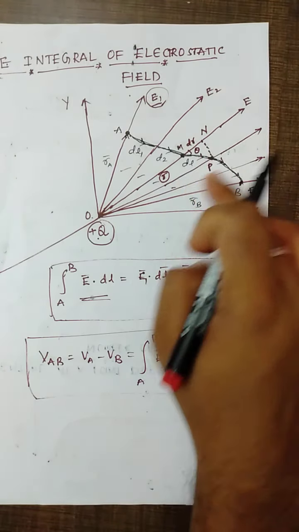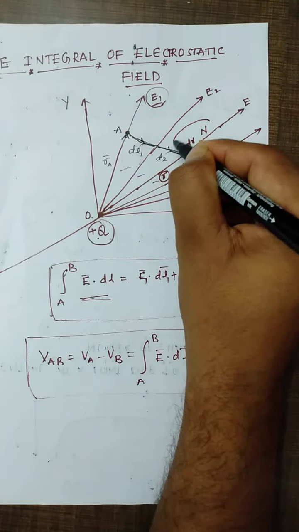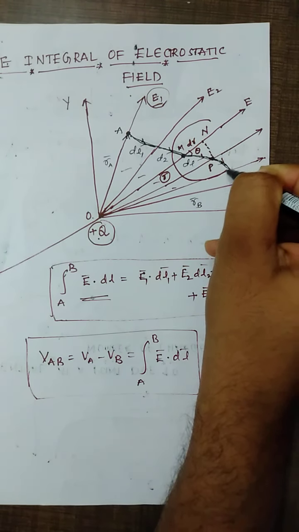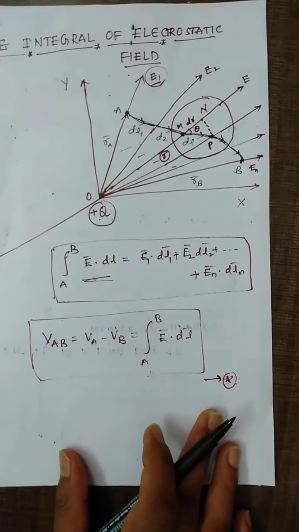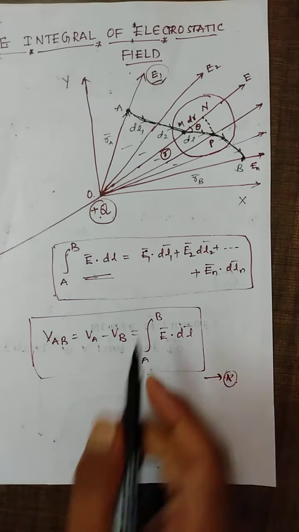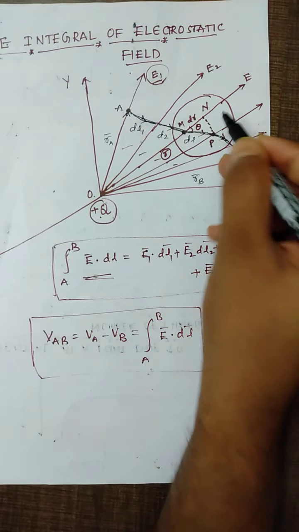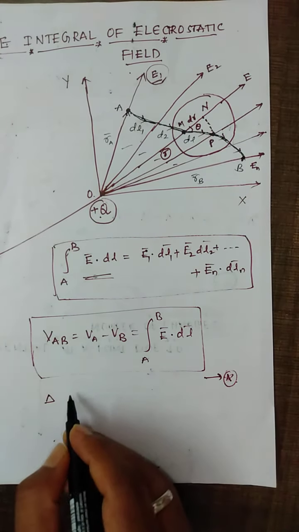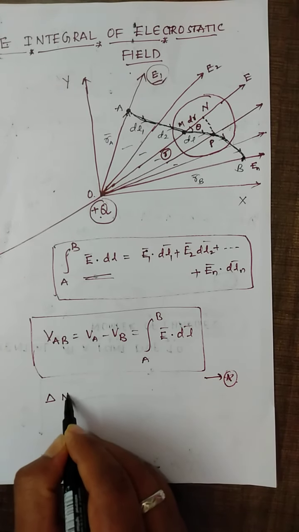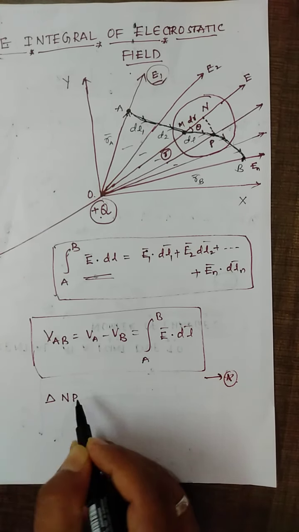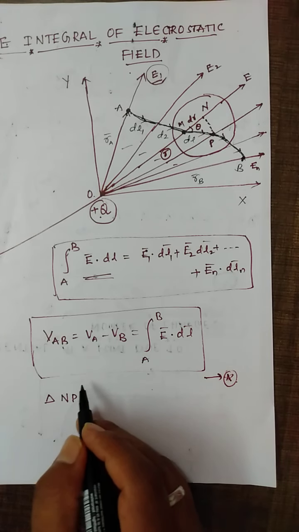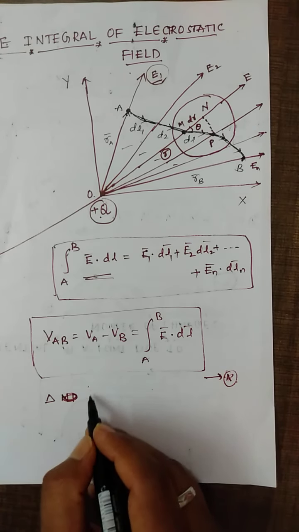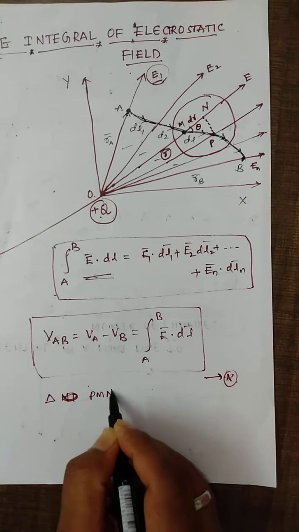From this particular region I am going to make out a few things. Let's suppose this is almost like a triangle, the triangle PMN.